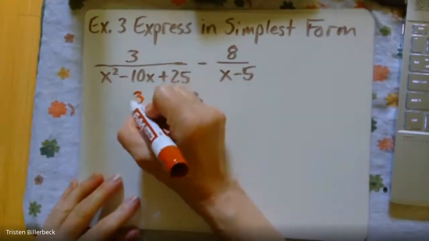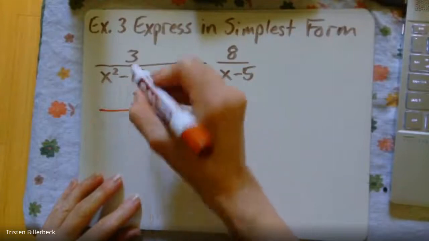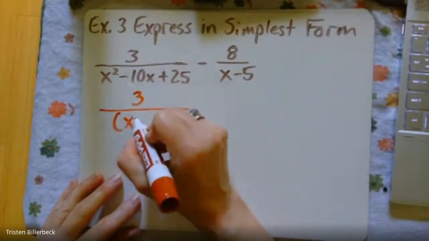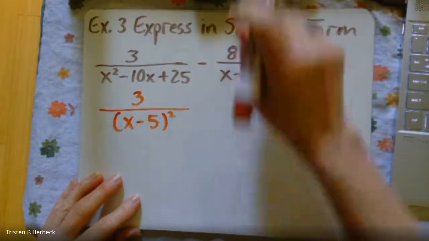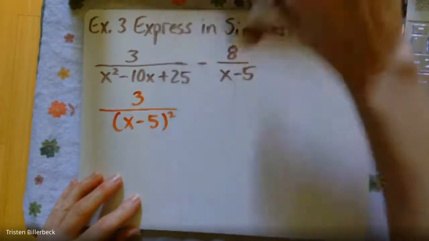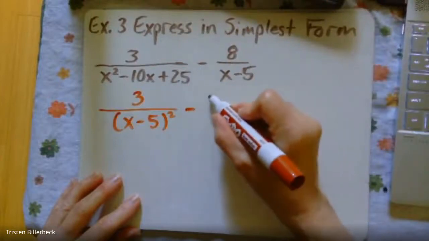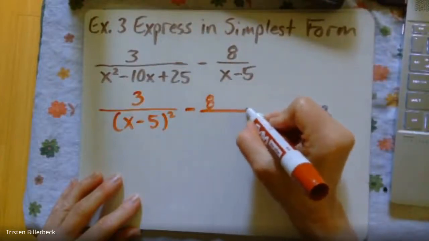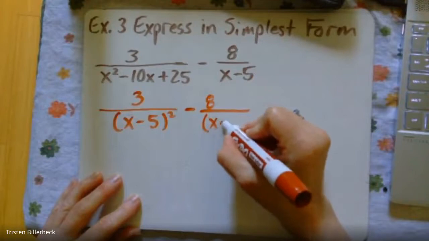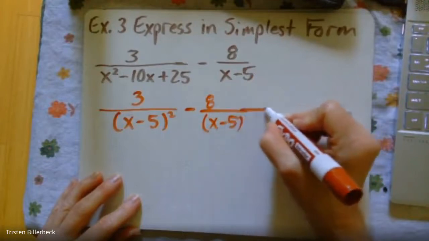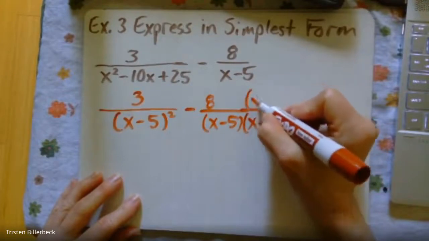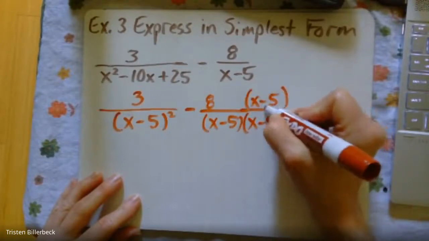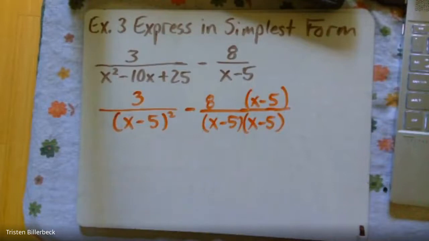So we can rewrite this 3, and then this is going to be x minus 5 squared minus 8 over x minus 5. And then we're going to need to do an x minus 5 over an x minus 5 here to get a like denominator, because this is a square.